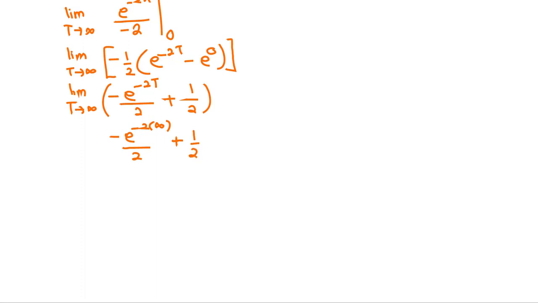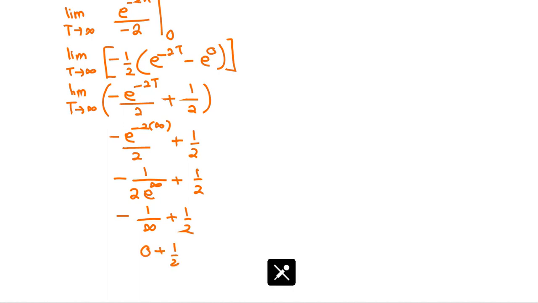And then e to the negative infinity is 1 over e to the infinity, which is 0. So this is 0 plus 1 over 2.